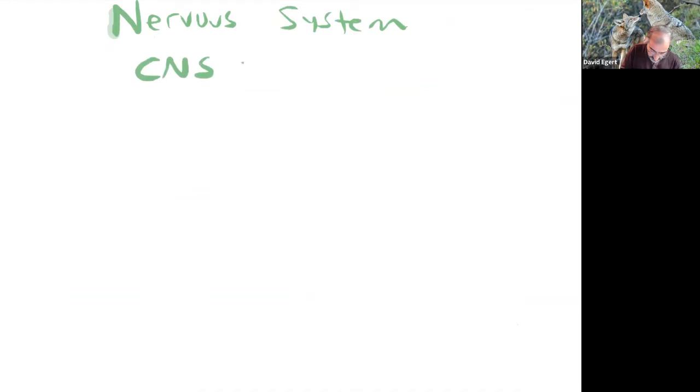So again, we're looking at the nervous system overall, and it has two main parts, the CNS and the PNS.